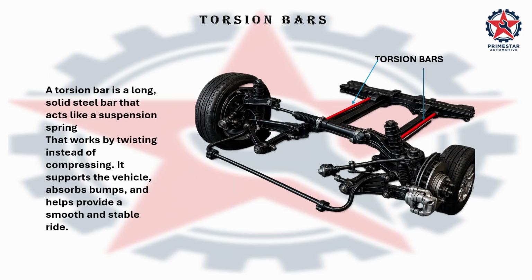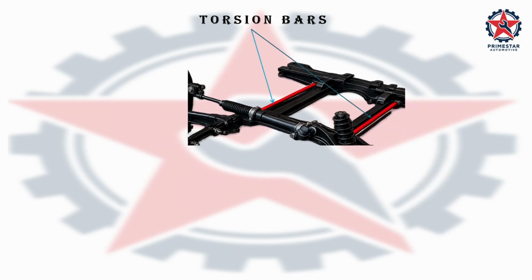A torsion bar is a long, solid steel bar that acts like a suspension spring that works by twisting instead of compressing. It supports the vehicle, absorbs bumps, and helps provide a smooth and stable ride. The torsion bars twist under load to provide spring action.